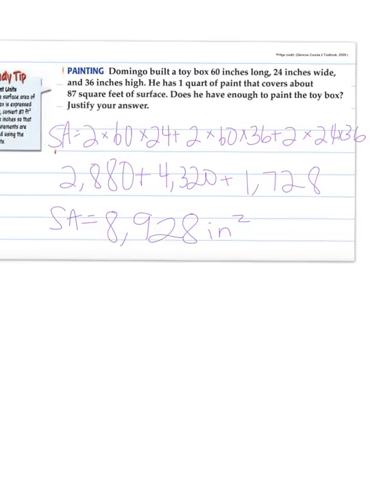All right, so now we have to convert our square feet into inches. If you think about a square foot, that means that we're taking 1 foot times 1 foot. That's how we get that feet squared. If I replace each of the feet with inches, I know that there's 12 inches in a foot.